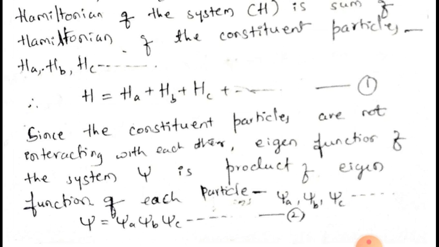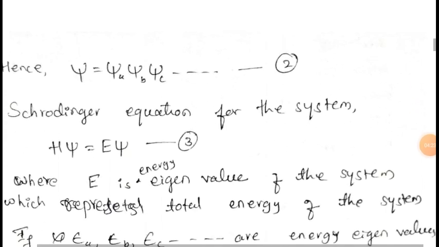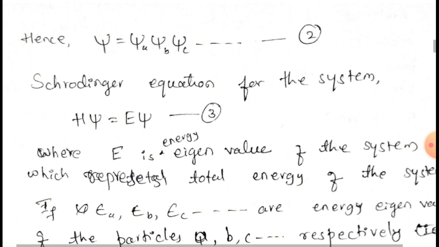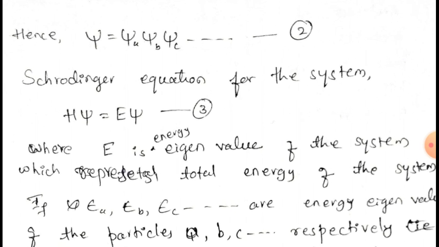And since these particles are not interacting with each other, again according to quantum mechanics, the eigenfunction of the whole system psi is a product of the eigenfunctions of the individual particles, denoted as psi A, psi B, psi C and so on. Psi is equal to psi A into psi B into psi C and so on, forming equation 2.